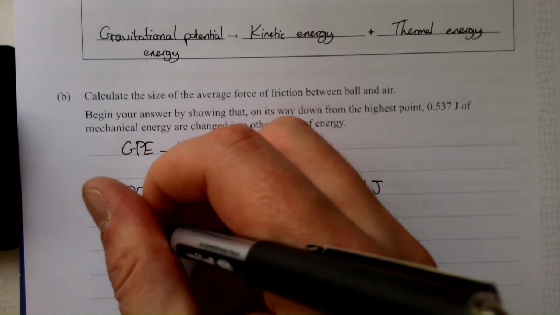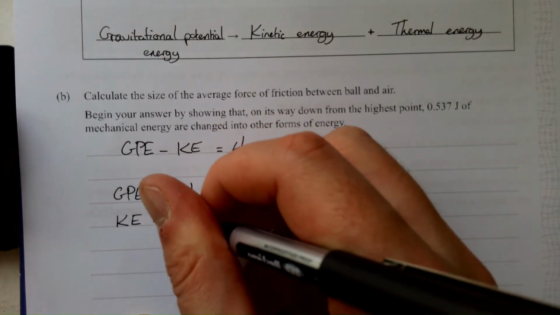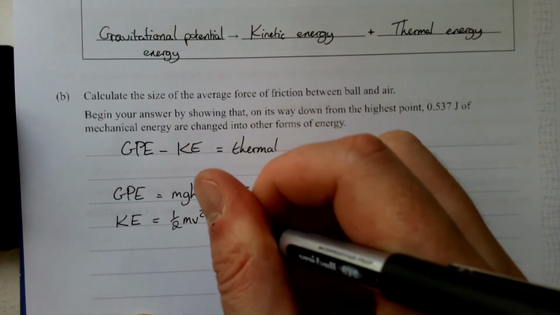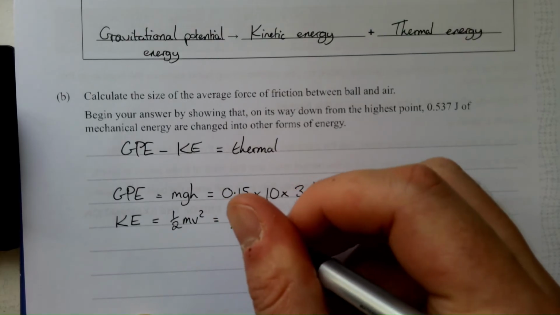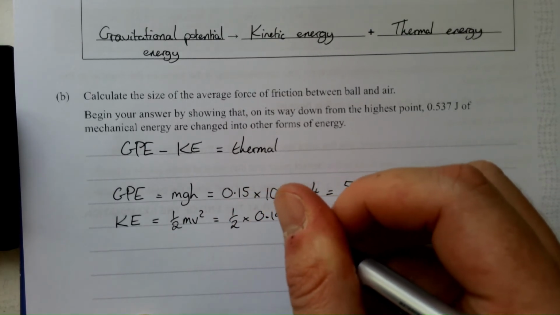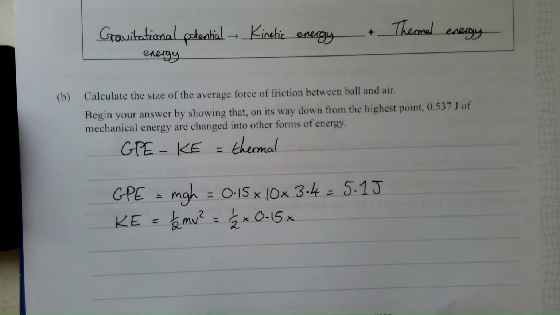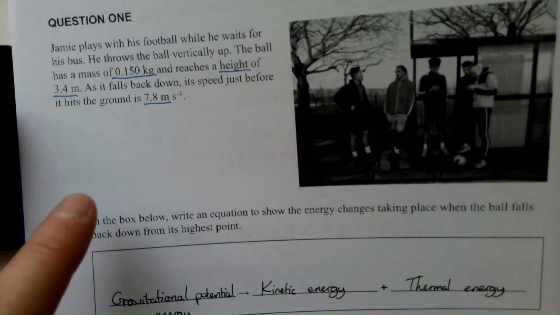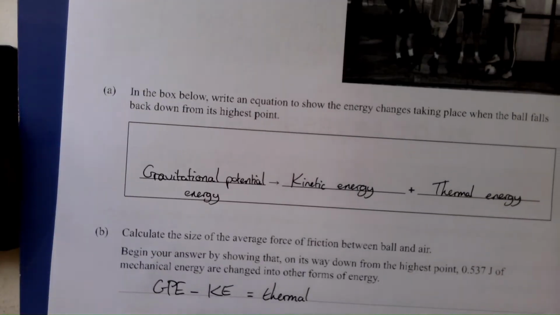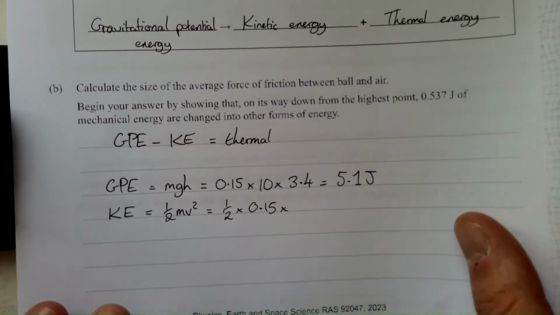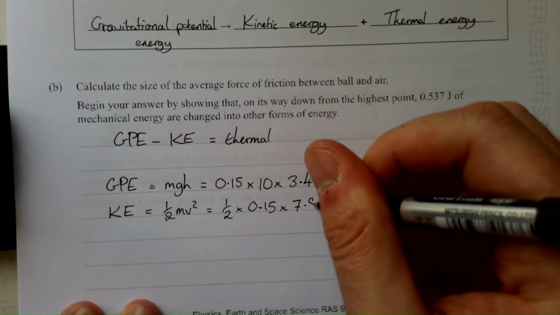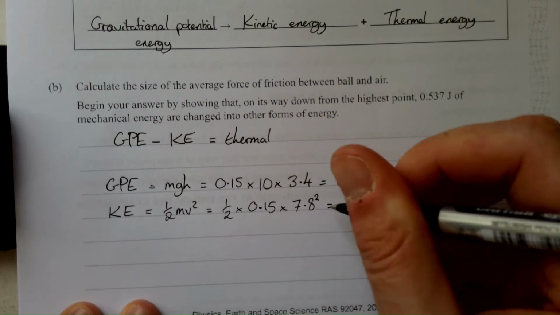Now for the kinetic energy, again using the equation at the top of the page, half mv squared. The mass is still 0.15, and we are told that just before it hit the ground, the ball had a velocity of 7.8. And so that's our velocity, and remember that the velocity is squared.